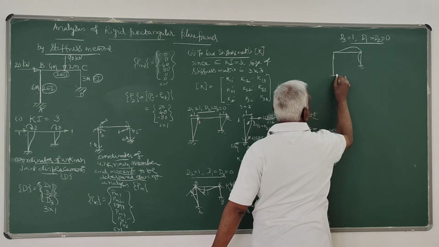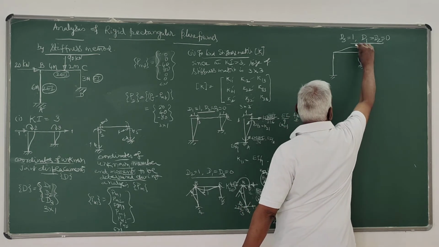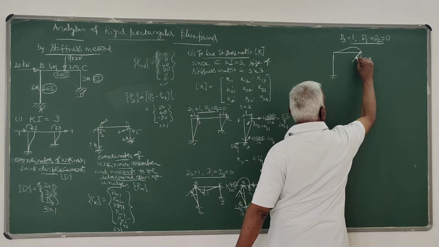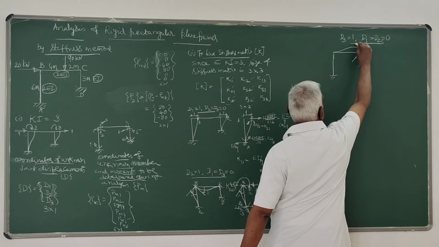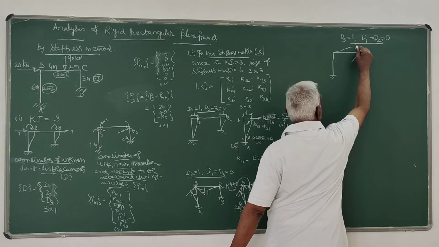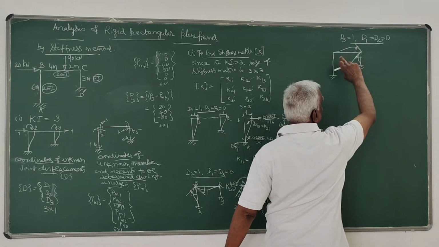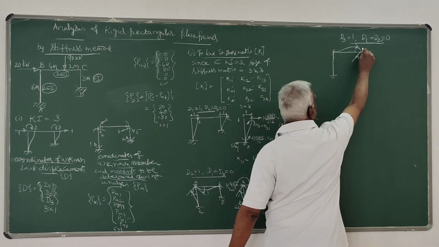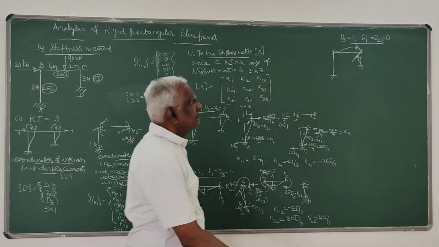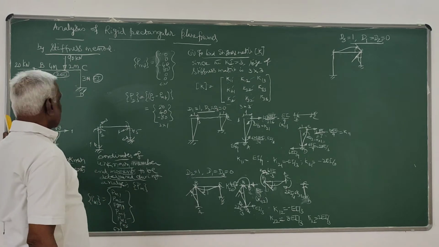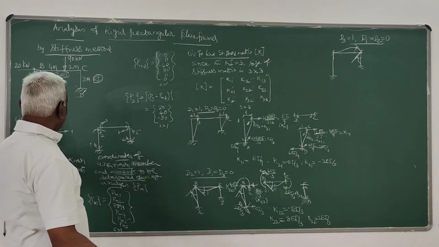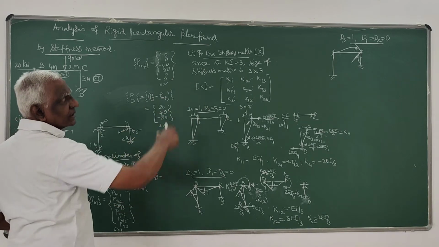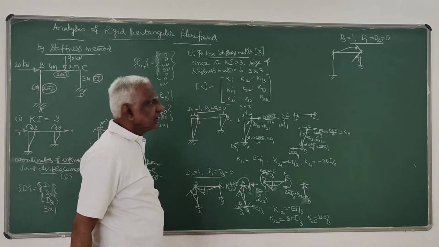This is how it will displace if you give unit rotation in the direction of coordinate 3. And we have to keep D1 and D2 fixed, so you should not allow it to move horizontally. In direction 2 also there won't be any displacement. This is how that sketch looks.